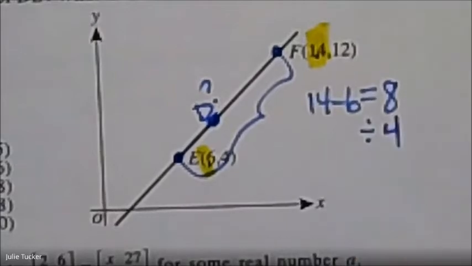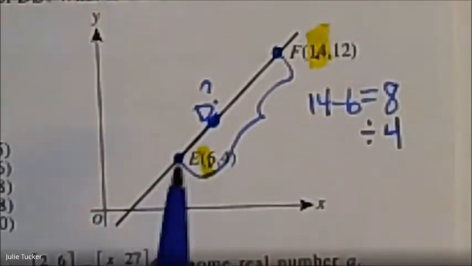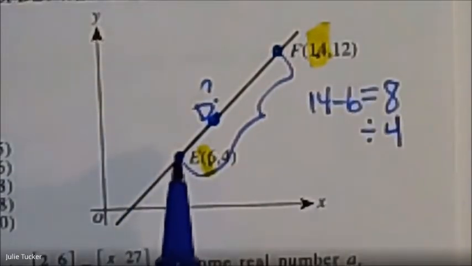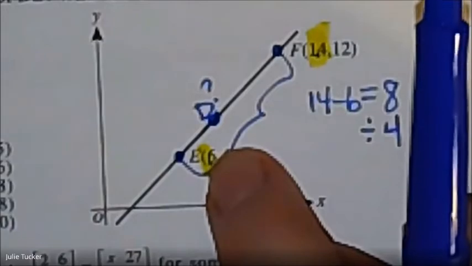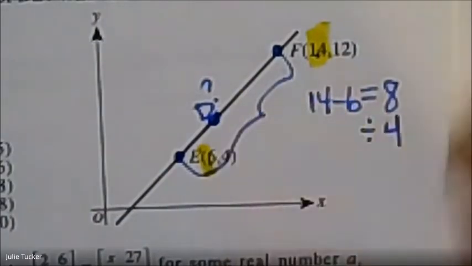So how far apart are 14 and 6? You can go 14 minus 6, which is 8. And then divide that by 4 to get 1/4 of it, which is 2. So that means it has to be 2 units over from here. So the X, instead of being 6, the X will have to be 8.